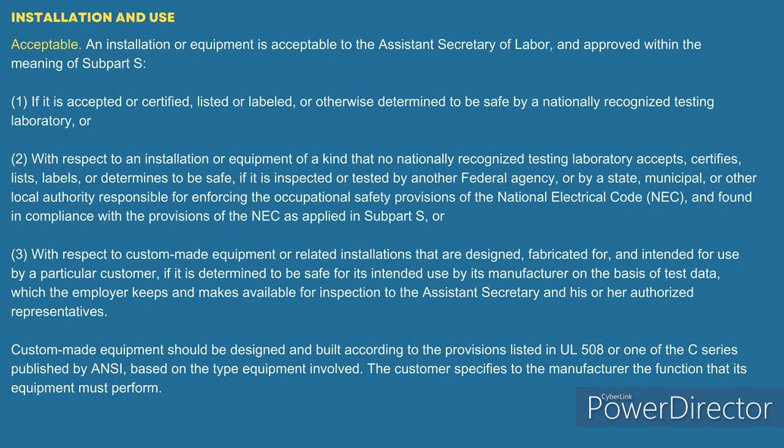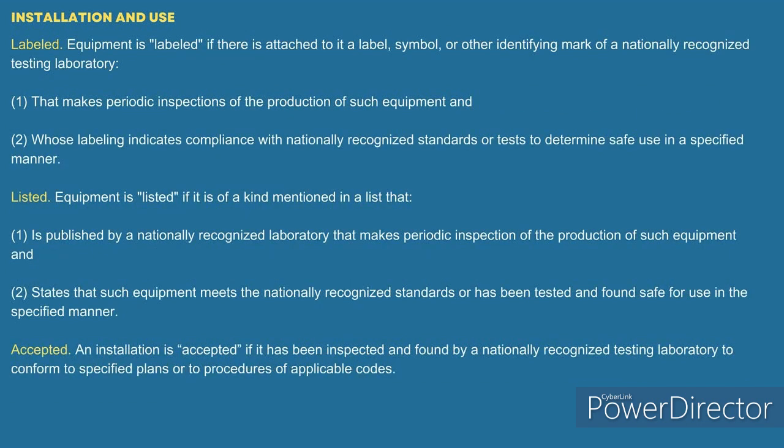Yep. All right. Now, the next portion is where you get into labeled and listed. Basically, labeled is just a label, symbol, or some other identifying mark that goes on the equipment.